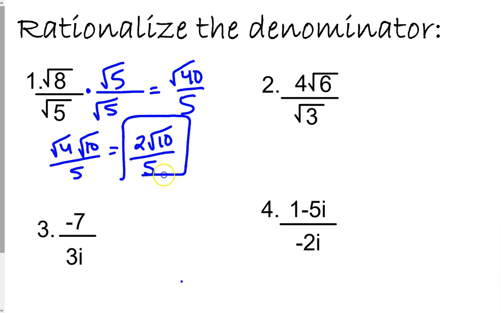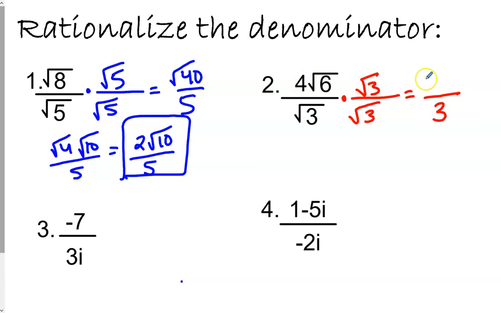The whole reasoning was because we couldn't have the square root of 5 in our denominator. Same thing with number 2. There's a 3 under a radical in my denominator. I couldn't do it. So what did you do? You multiplied both pieces by the square root of 3, because when you multiply a radical to itself, the radical goes away. So we have just 3 in my denominator.